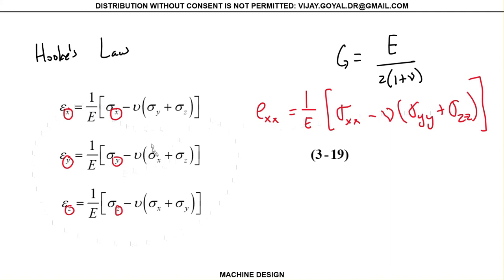And the same thing goes on. So that is important. That means that if I know my stresses, I can find my strains. If I know my strains, I can find my stresses. And so there is a very nice equation that you have to know that's only valid for isotropic materials. Only for isotropic materials.